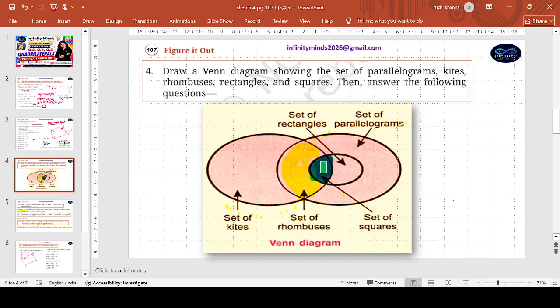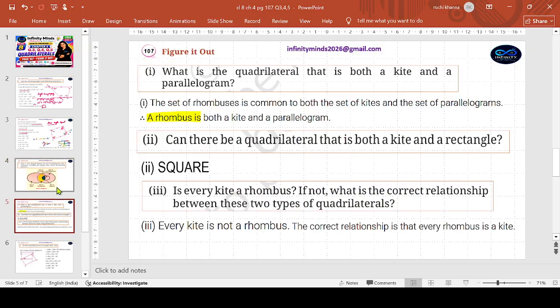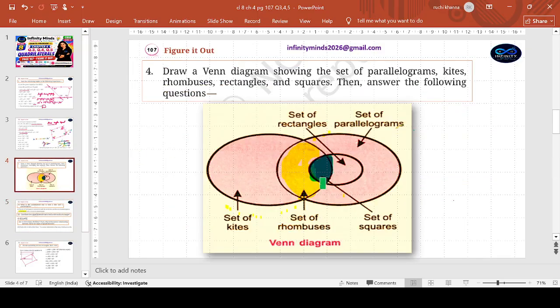Well, as you can see, this particular portion happens to be part of both your kite and a rectangle. This is part of your kite and this is part of your rectangle. This is the set of rectangles, children. And from here the kite is coming. So square, of course, happens to be both a kite and a rectangle.